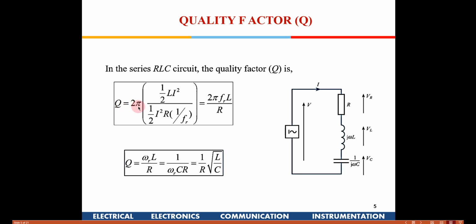We saw it is 2 pi times the energy stored in the circuit. The same energy will be stored in the L or C, so you can take one of them. If you are taking the energy stored in the inductor, you can take it in the capacitor also, because at resonance they are going to be the same.